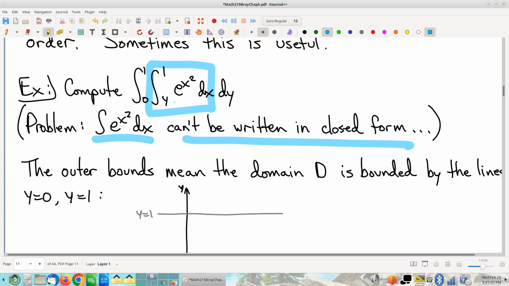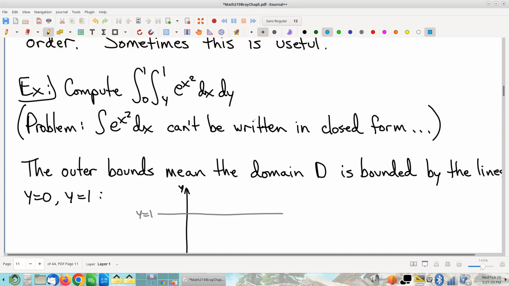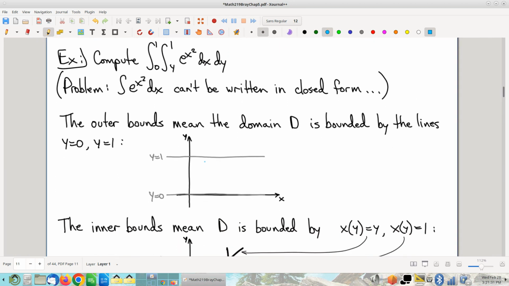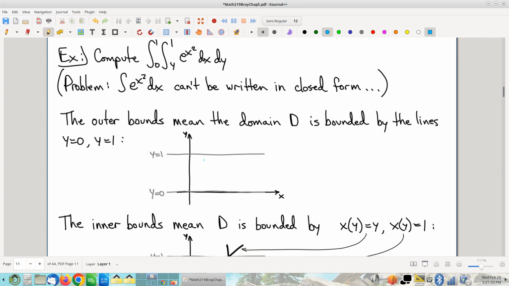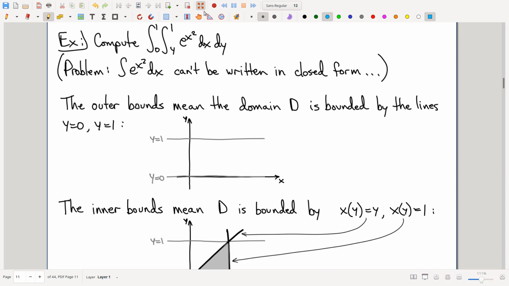So we're going to then reverse engineer and figure out what was the original double integral. What is the original domain that we're actually dealing with here? Well, keep in mind these bounds here, on y going from 0 to 1, what that tells me is that my domain is in between those lines, y equals 0 and y equals 1.